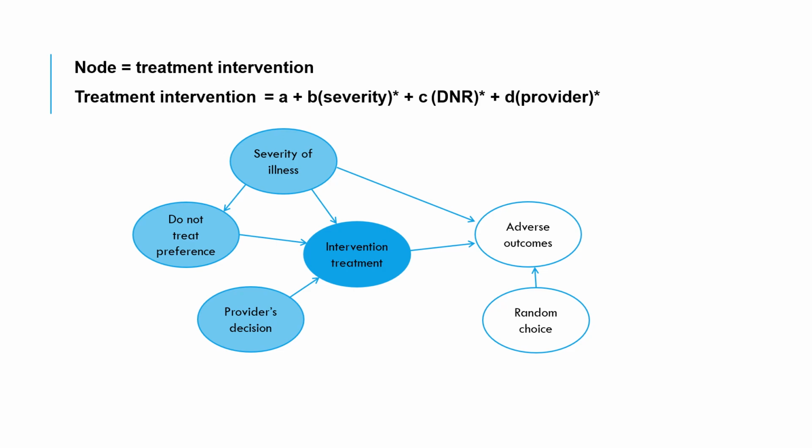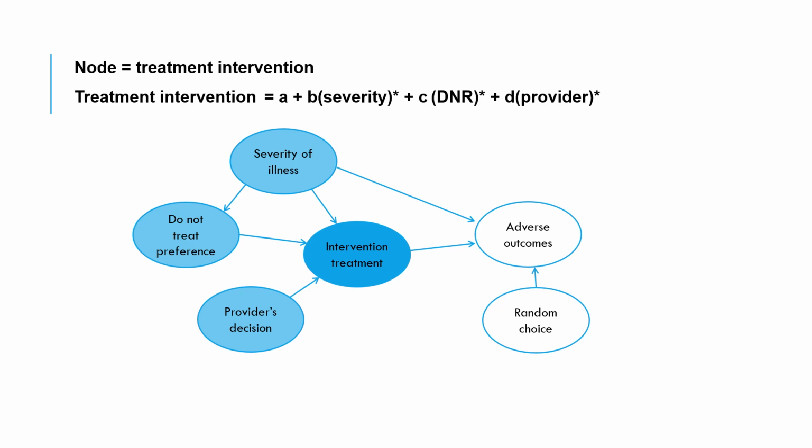Let's start with the treatment intervention node for our next regression. This node has three parents: severity of illness, do not resuscitate, DNR, do not treat preference, and provider's decision.